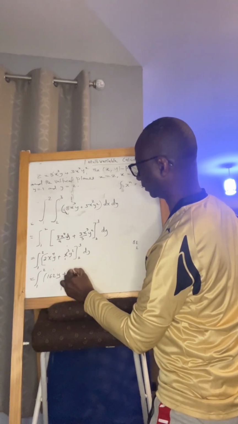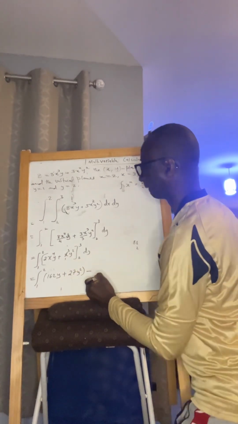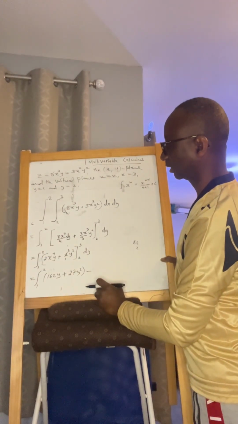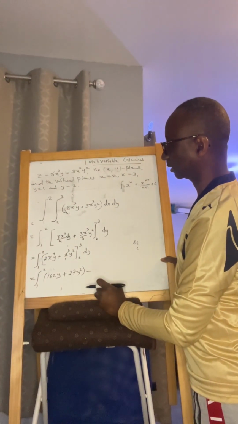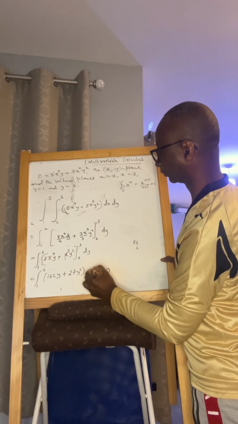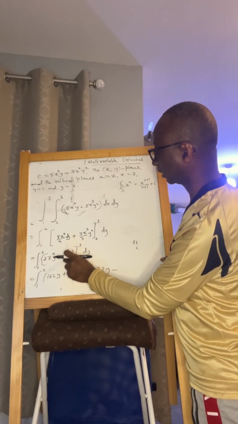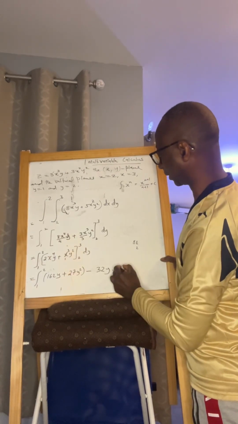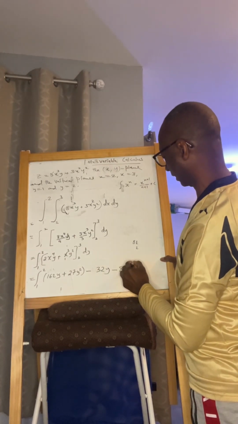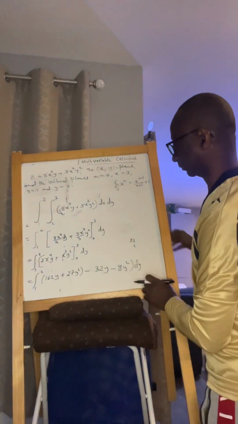So you have 27y squared minus, now consider 2 raised to the power of 4, 16 times 2 is 32y, minus 2 raised to the power of 3, 8, here is 8y squared, and all this is dy, put it out loud, dy.